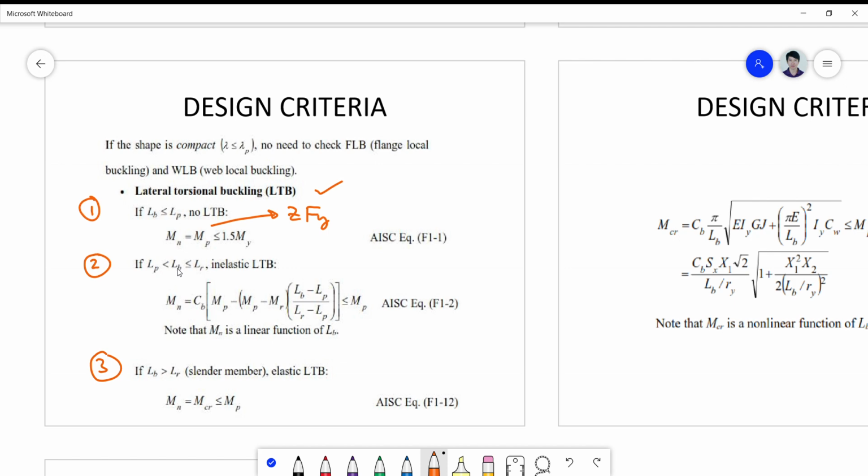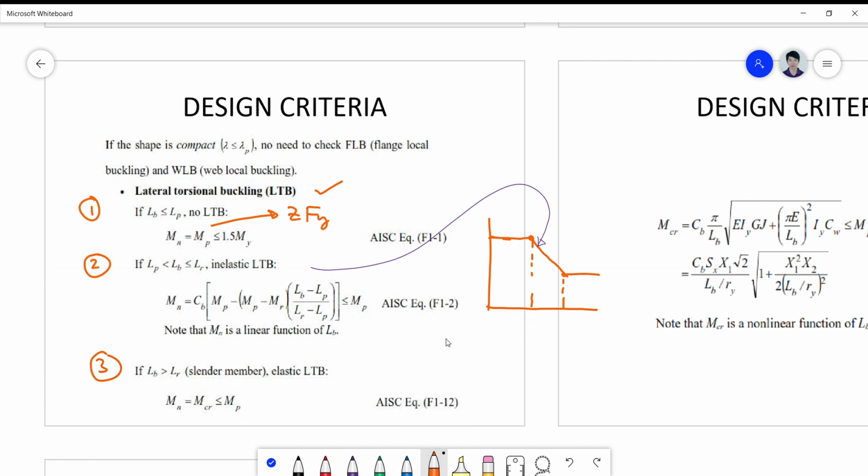If LB is in between LP and LR, this is now an inelastic lateral torsional buckling, then we are forced to do some interpolation on the value. So we simply interpolate here. So this formula has something to do with this interpolation formula here, okay?